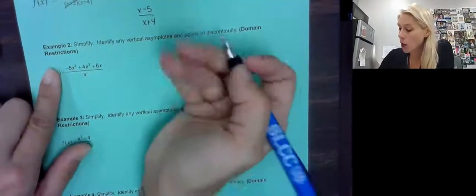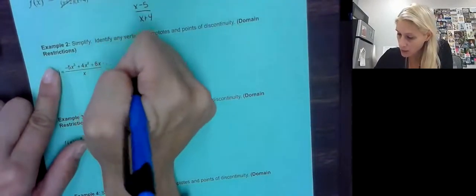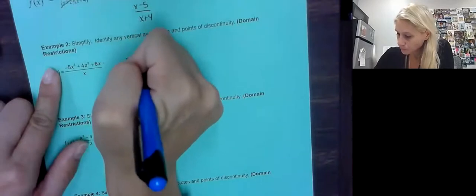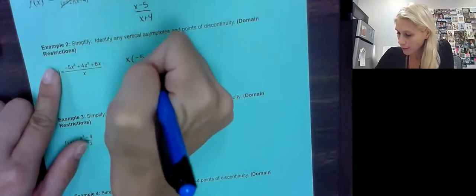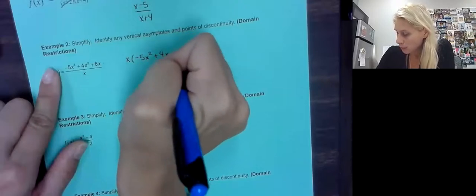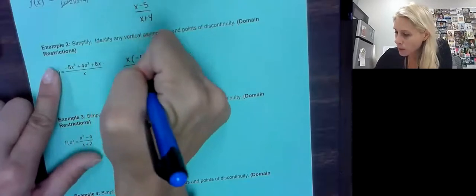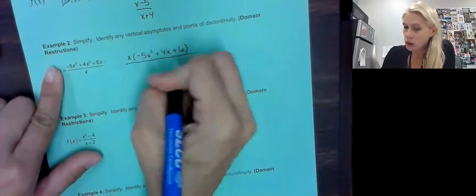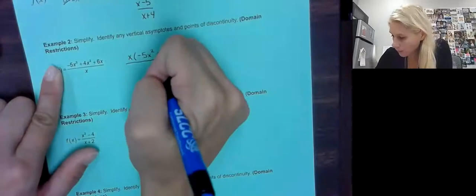So what do they have in common? They have an x, leaving us -5x squared plus 4x plus 6. Now I will tell you that we cannot factor this trinomial, so you can stop there.